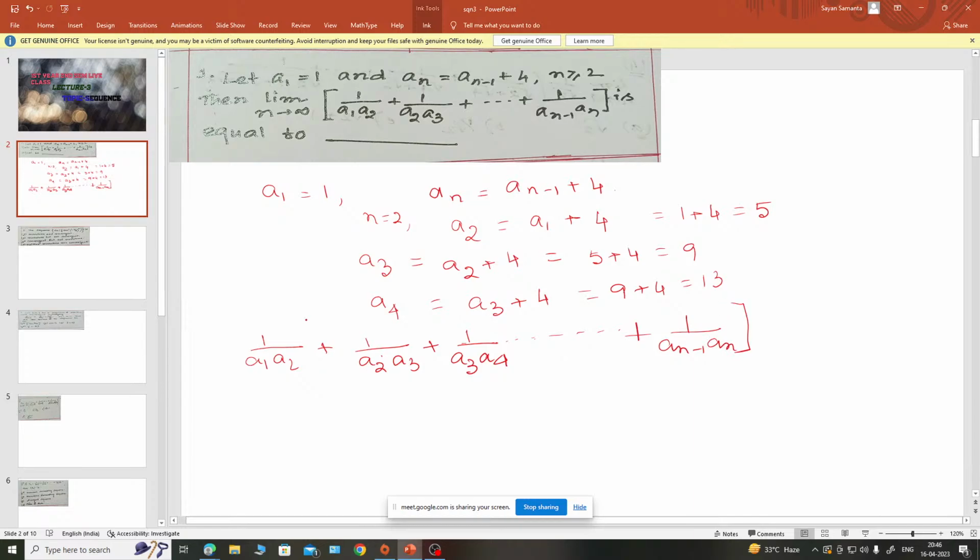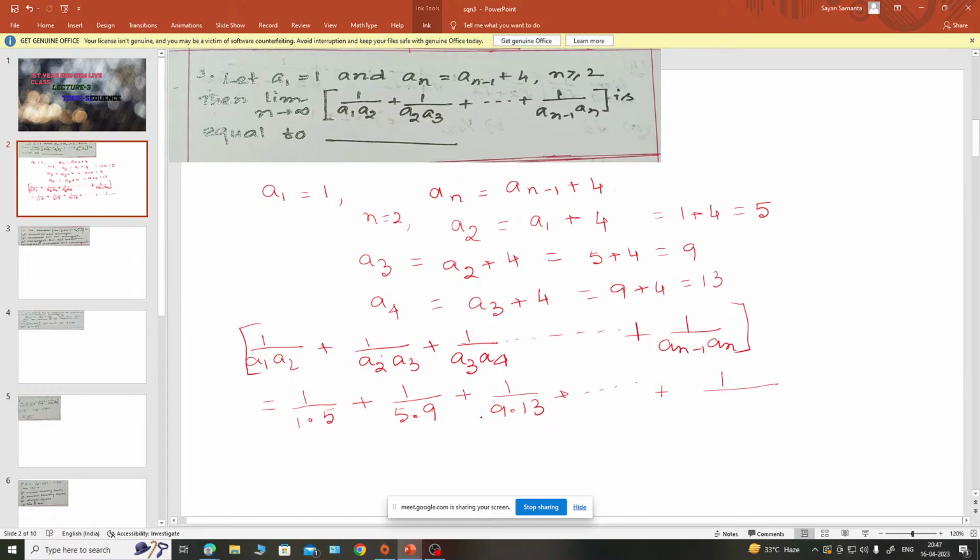So now we put a1 a2 of the given sequence. We can write 1 by 1 into 5 plus 1 by 5 into 9 plus 1 by 9 into 13, and so on. Is it clear to everyone?